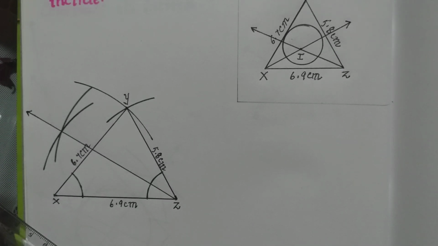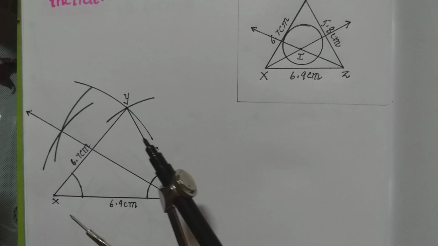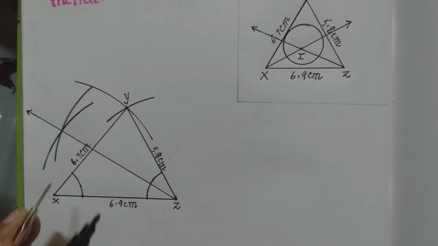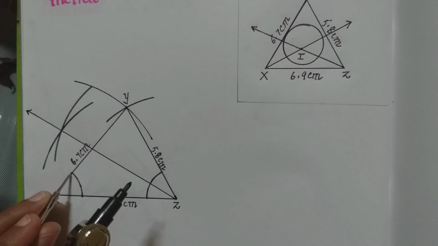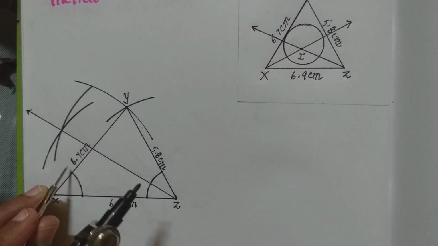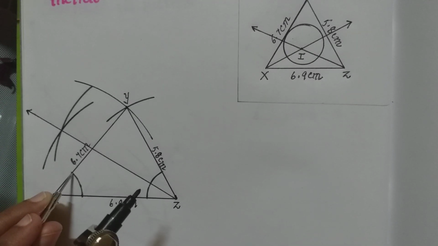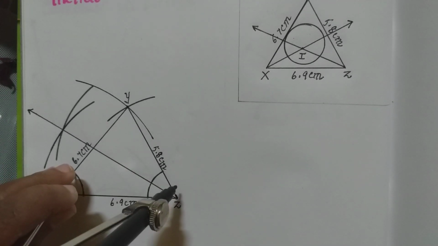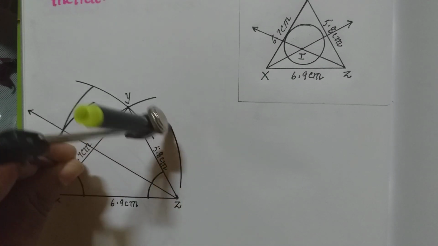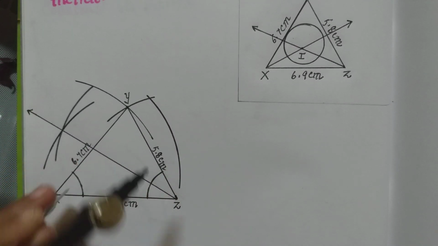Now I again take my rounder. Where will I keep it? At the point where this part of the circle is touching one of the arms. So I draw one ray here.